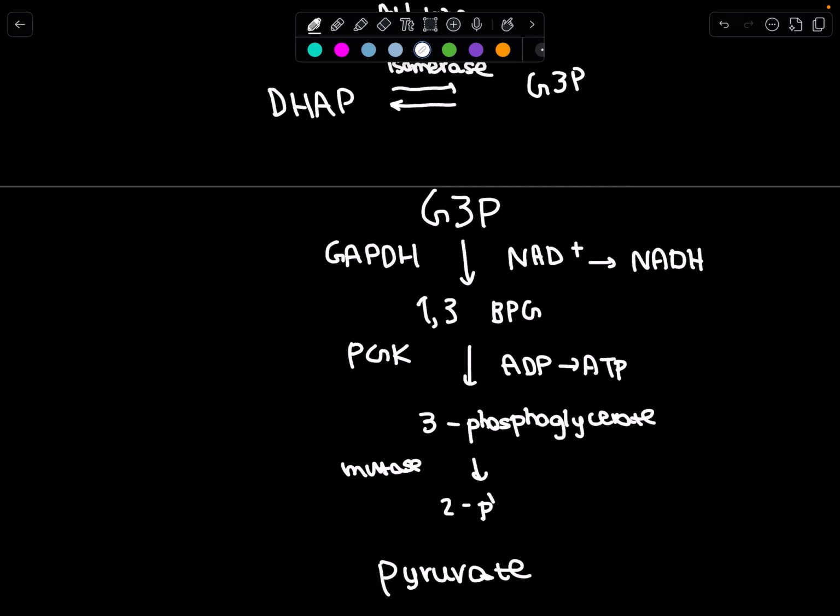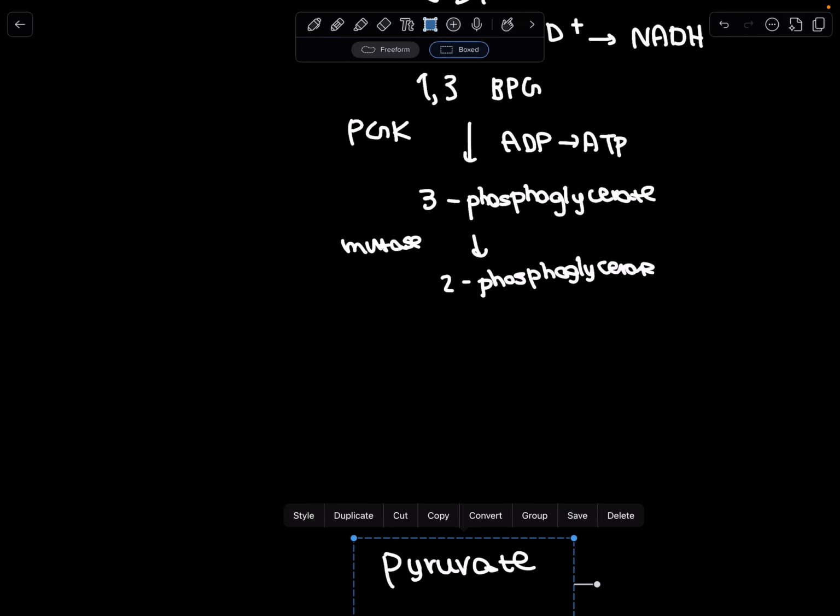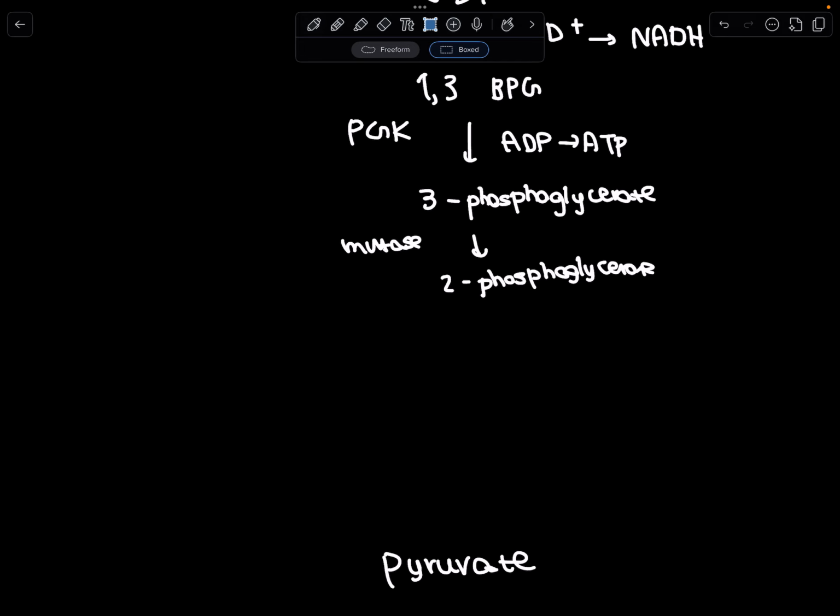Picture it cashing in the high-energy phosphate for ATP profit. 3. Phosphoglycerate mutase shifts 3-phosphoglycerate to 2-phosphoglycerate. Why mutase? It mutates the molecule by moving the phosphate from carbon 3 to carbon 2. No additions or losses. It's a rearranger, tweaking the structure for the next step.